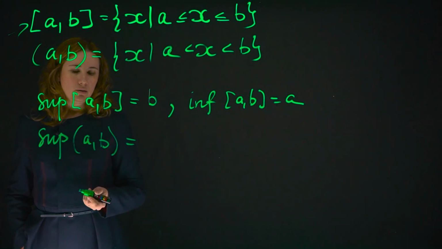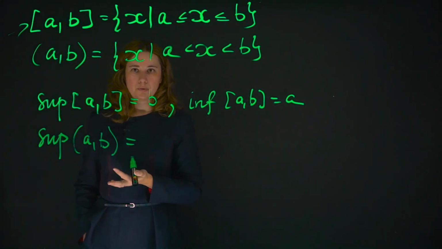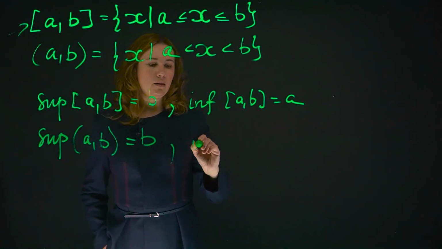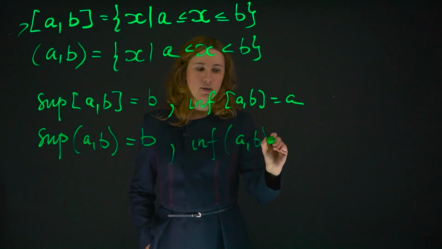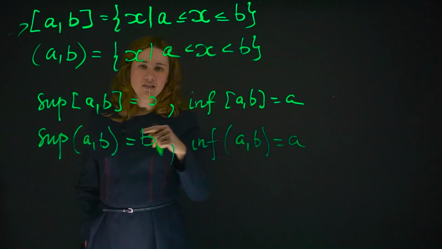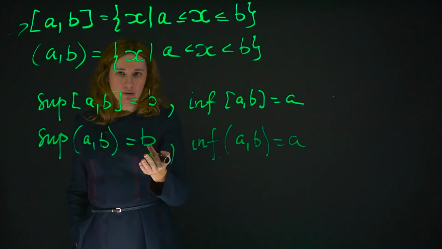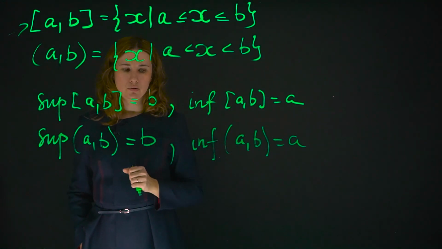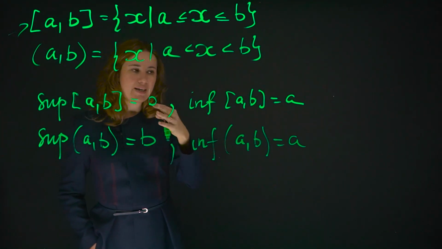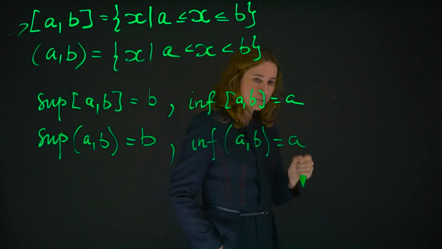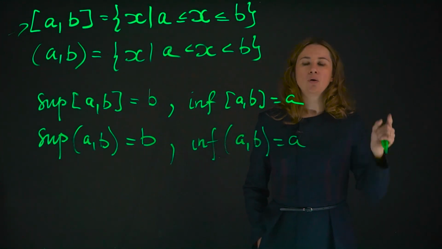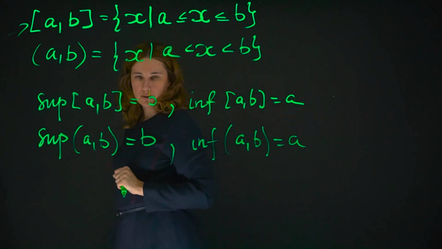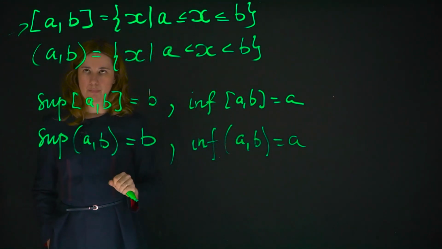Here, the supremum is B as well, and the infimum is A. But in this situation, B is not in our set, and A is not in our set. And we can conclude that the supremum and the infimum exist, but they might not be in the set, as in this example.